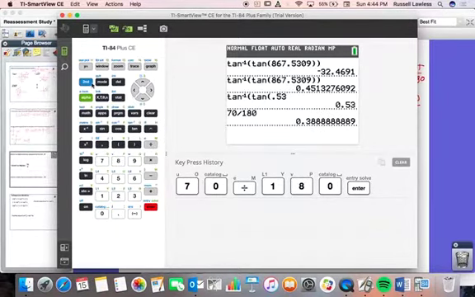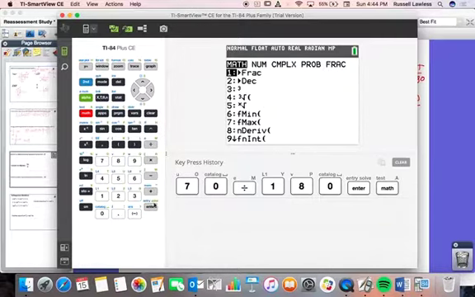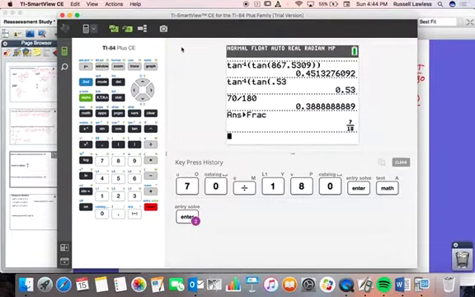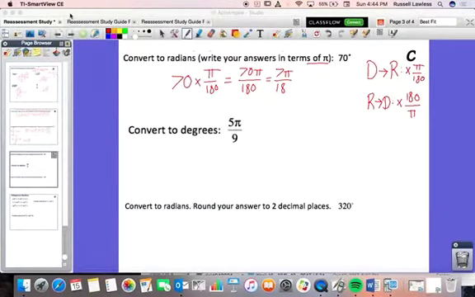If I want to see what the most reduced form is, I find my answer, turn that into a fraction, and right there, boom, 7/18. But here's the thing. The answer is not 7 over 18. We have to include that pi. So whenever you're using your calculator, you can find the most reduced fraction, just remember to put that pi into the numerator.